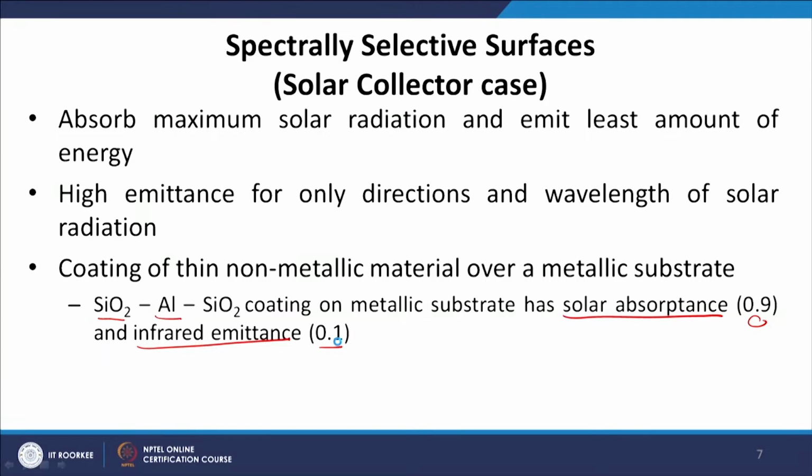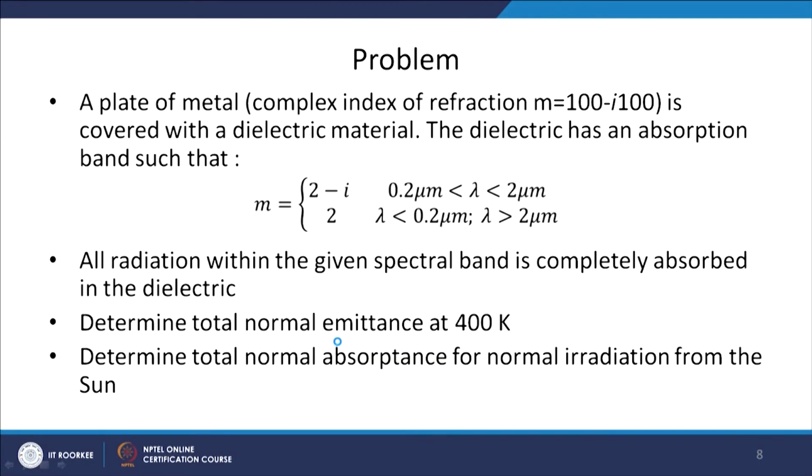Now, I will discuss a similar problem with the help of an example where we have a plate of metal. The metal has a complex index of refraction where the real part n is 100 and the imaginary part k is also 100. We have this metal plate covered with a dielectric material.